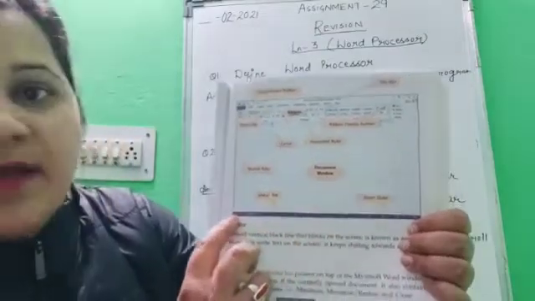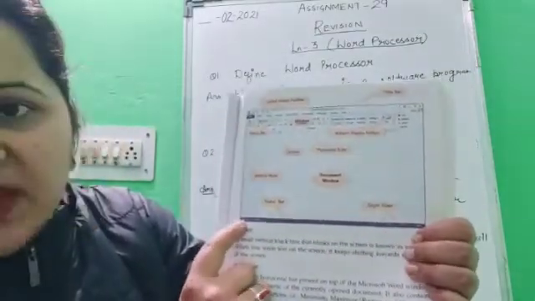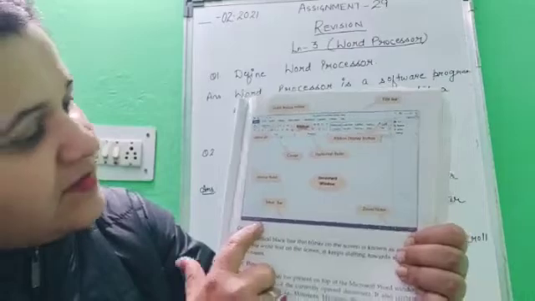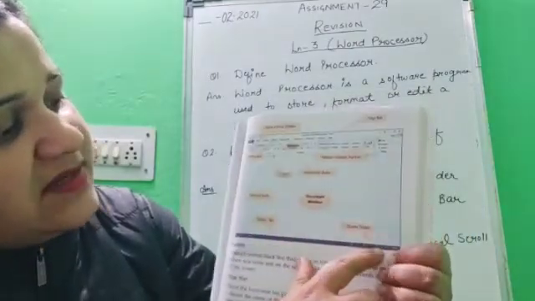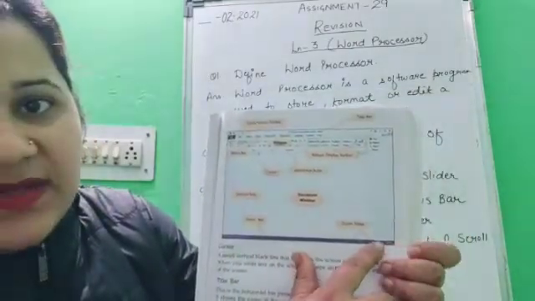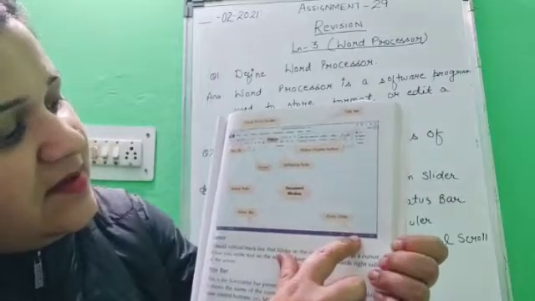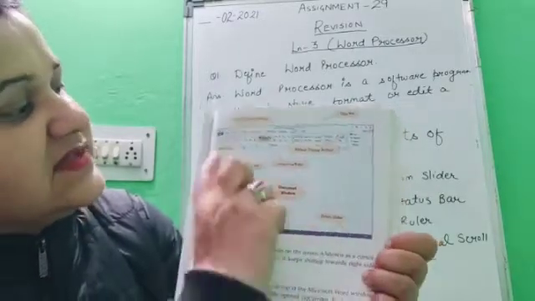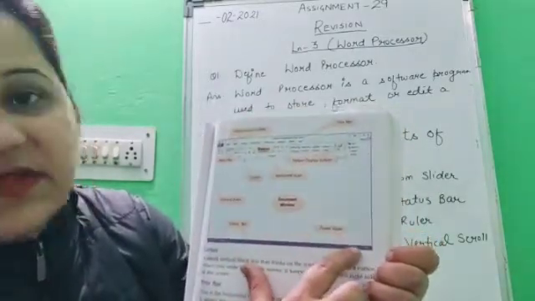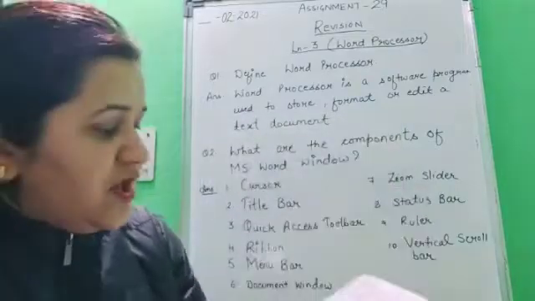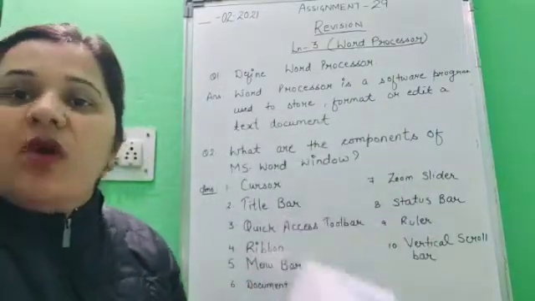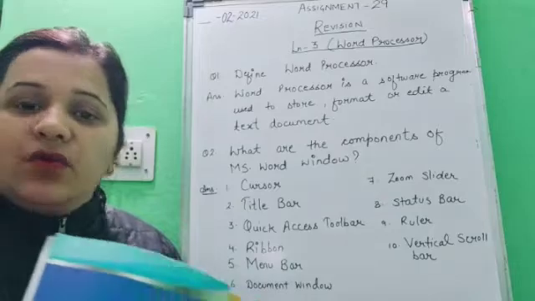It shows us page numbers, on which page we are working, and how many words we have written. And at the extreme right side at the bottom, it shows the zoom slider. Here we can increase or decrease the size of the window when we click on this zoom slider button. So children, these all are the components of the MS Word window.